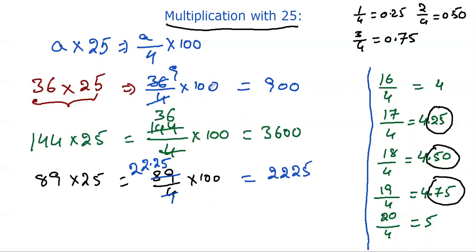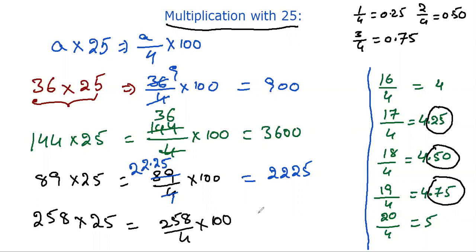Observe this. I'll take a little bit big number here, then you'll understand better by seeing that number. For example, 258 into 25. 258 by 4 into 100.